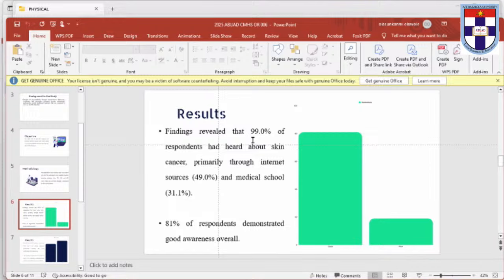Skin cancer education. If I get one of those recommendations, it should be included in the nursing curriculum. The nursing faculties are hearing. No, there is, but more like emphasis.